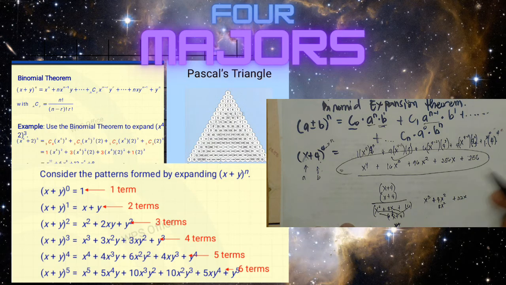And then this one plus 16x plus 16 times 4, that is 64. Alright, so we solve this. x to the power of 3 plus 12x squared plus this one is 8 plus 4, so that's 48x plus 64, and then we are going to multiply it by x plus 4.